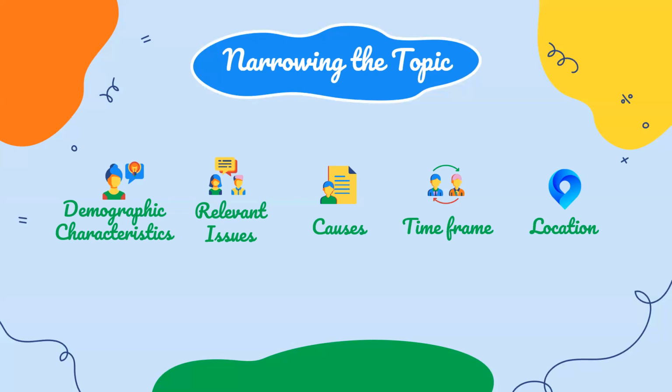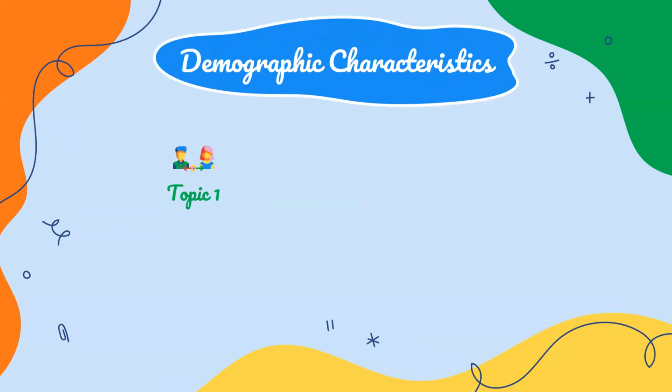Now, let me give you an example of the demographic characteristics, for the 2 topics that I've already selected. The first topic is global warming. When I'm considering my area of interest as global warming, I need to find out which particular area will be of interest to me.